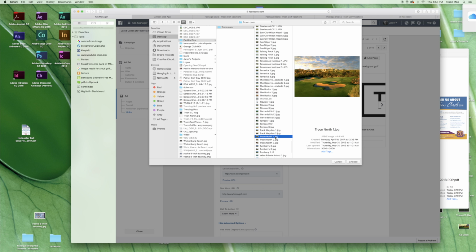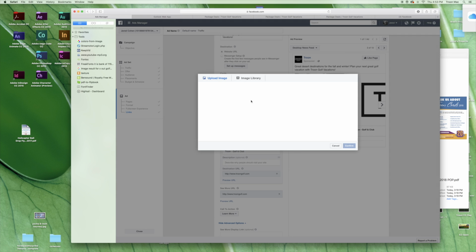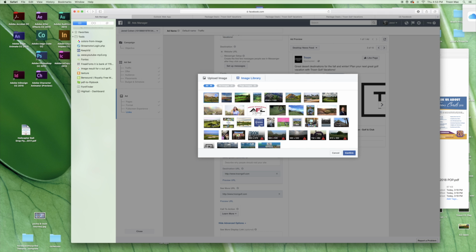So I will take a photo, say from True North that I have. Choose it. And you'll begin to build a library over time here, and you can go back and choose a lot of different photos that you've used in the past, so you don't have to upload them every single time, but I'm going to upload all 3 of these for the time being.